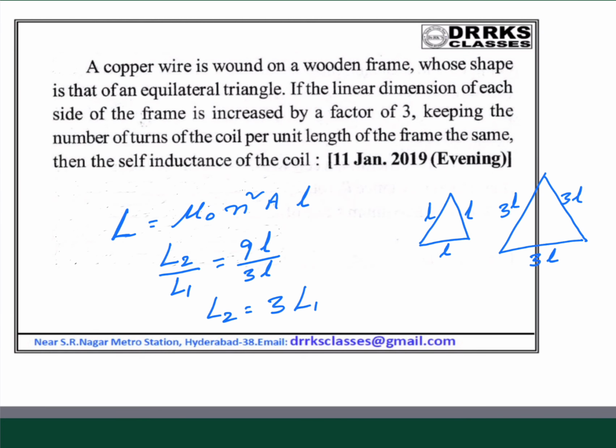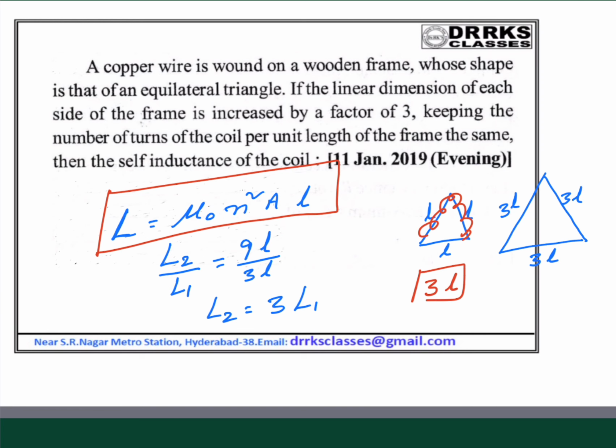Now, look at this one. We know that self-inductance capital L is equal to mu naught n square A by small l. Yes, small l is length. So in the initial case, the length is 3L, the total length of this frame.